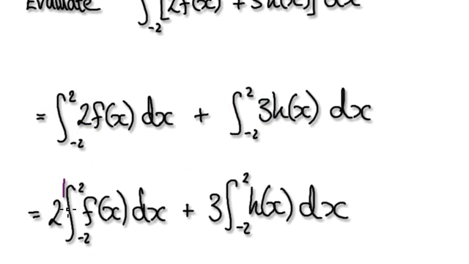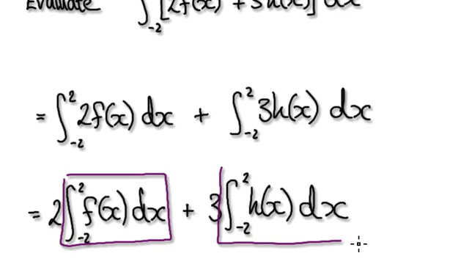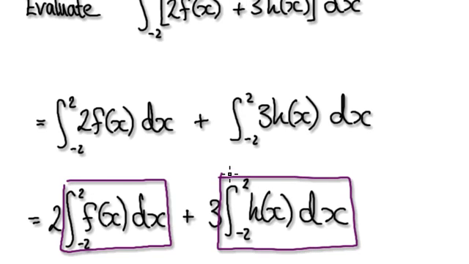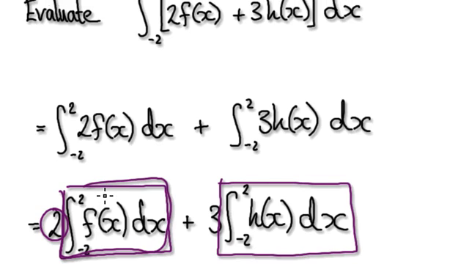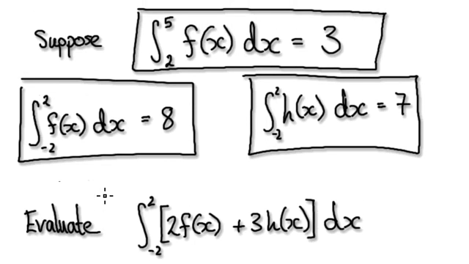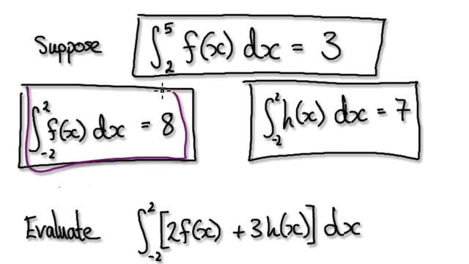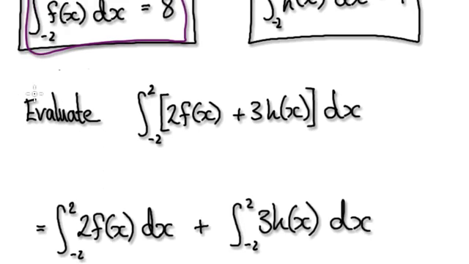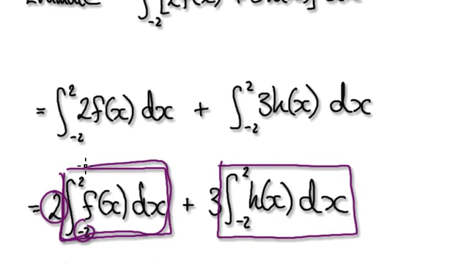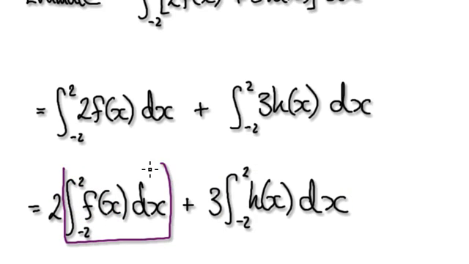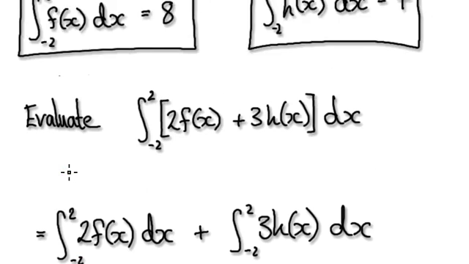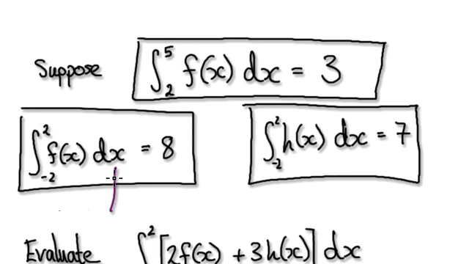And then this block here is something that we know. We were given this, and this is also something that we know. We were given this. So hang on. So this block here, two times this block here. Well, this block here is this one here, the integral from minus 2 to 2 of f of x. Yeah, so this block here is this block here.